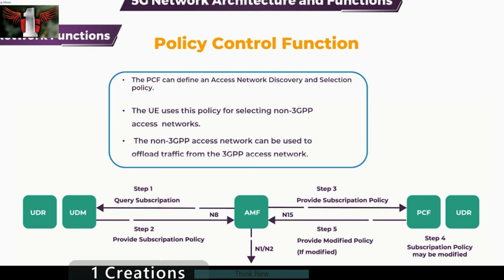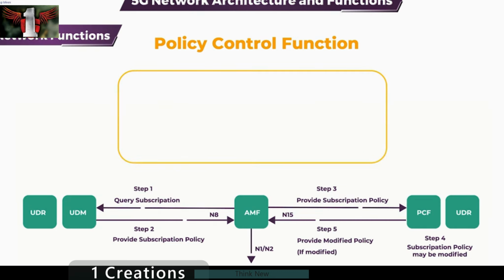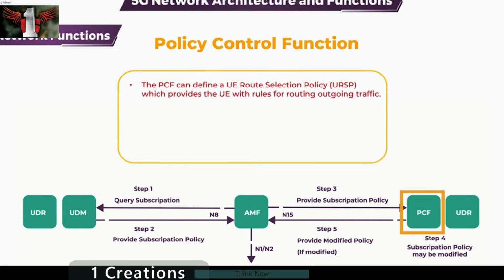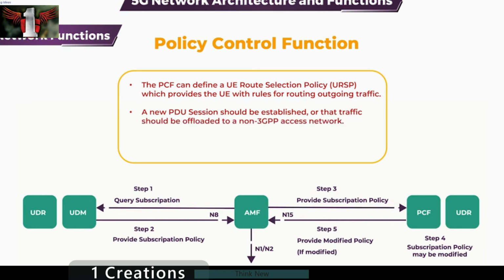set identifiers. The PCF can define a UE route selection policy, URSP, which provides a UE with rules for routing outgoing traffic. The rules can indicate the traffic should be routed to an existing PDU session, or that a new PDU session should be established, or that traffic should be offloaded to a non-3GPP access network.